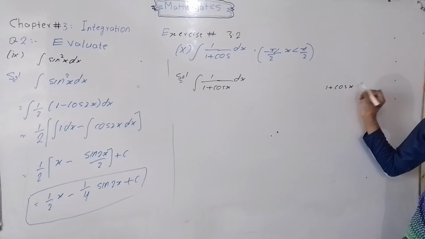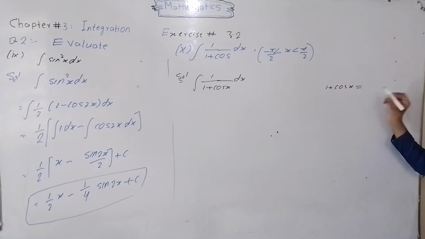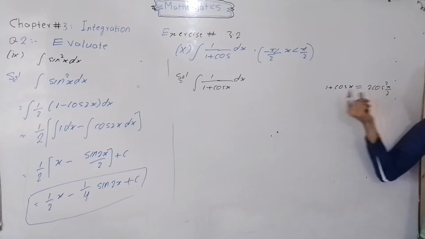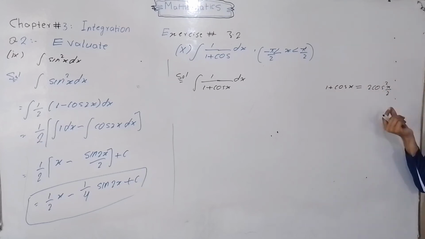we know that 1 plus cos x is equal to 2 cos square x divided by 2. Formula: 1 plus cos x is equal to 2 cos square x divided by 2.